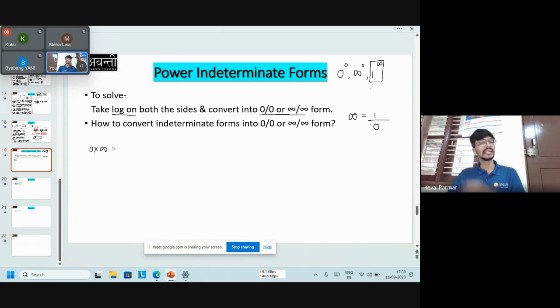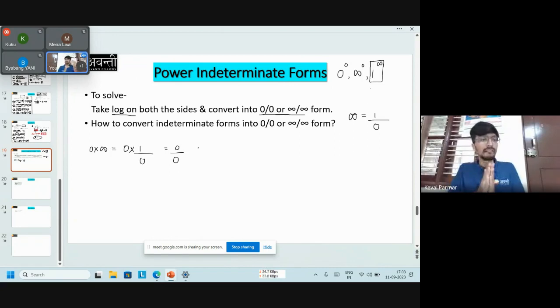So I can write infinity as 1 upon 0. So I can write it as 0 into 1 upon 0, which gets converted into 0 upon 0 form. So this is one way to convert 0 into infinity into 0 upon 0 form.